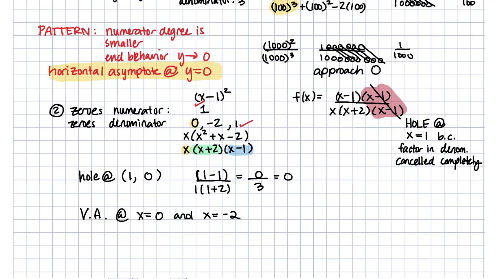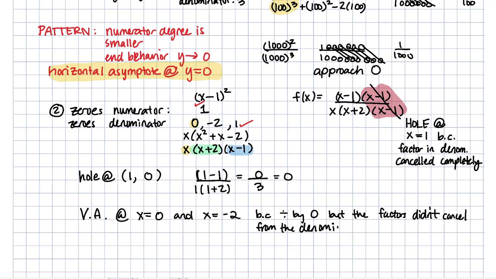Okay, and just a note, because we had division by 0 but the factors didn't cancel from the denominator.